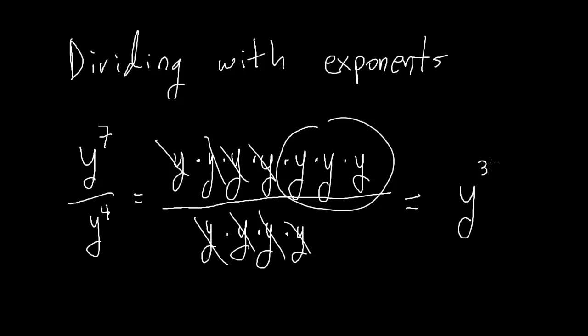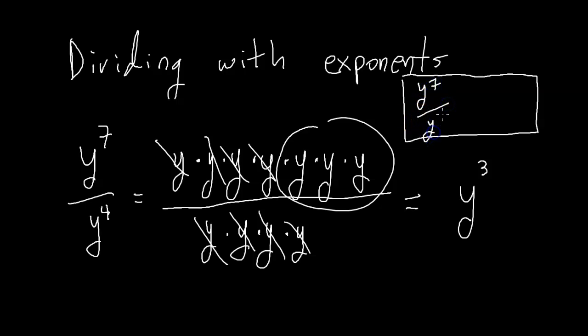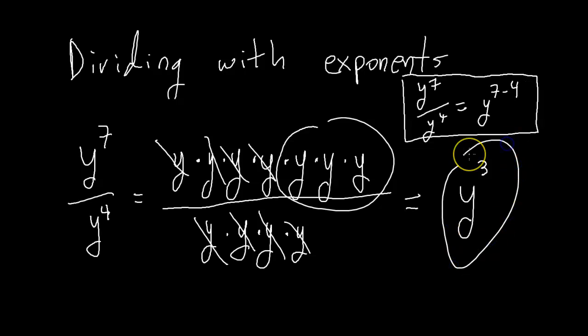Well, let's take note of something. Doesn't 7 minus 4 equal 3? It does. So doesn't y to the 7th power divided by y to the 4th power equal y to the 7 minus 4 power? Do you see that? Because what is 7 minus 4? It's 3, right? Yes.